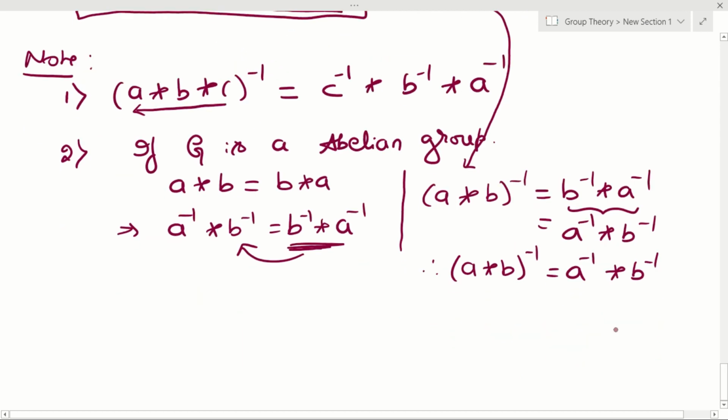We can write this directly if and only if G is abelian. If G is not abelian, we can't write like this; I should write only A star B whole inverse is equal to B inverse star A inverse. If G is abelian, A star B whole inverse can be written as A inverse star B inverse.